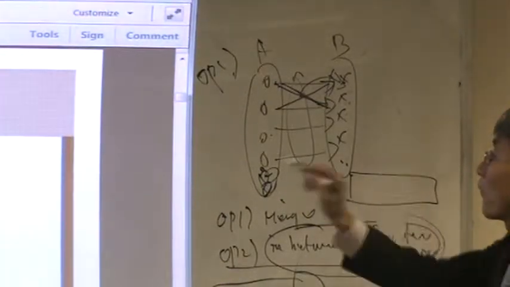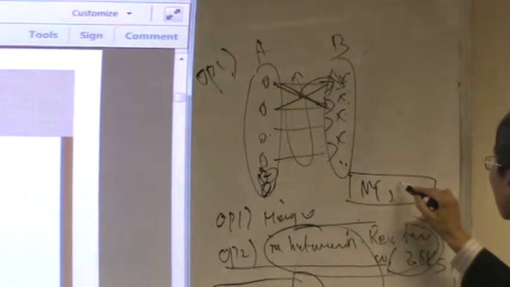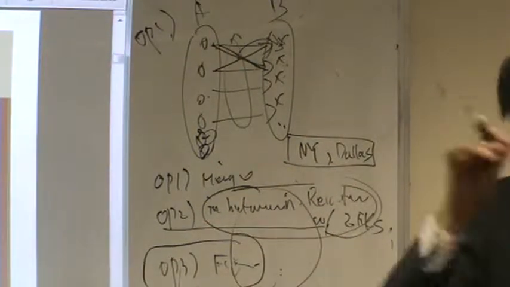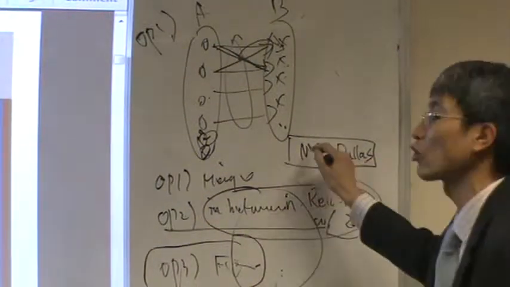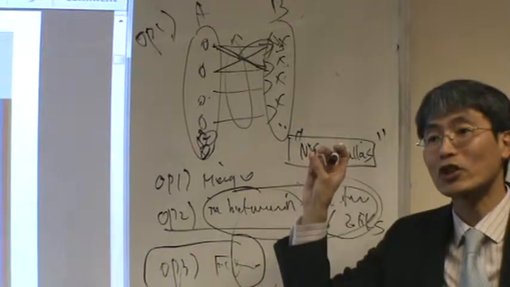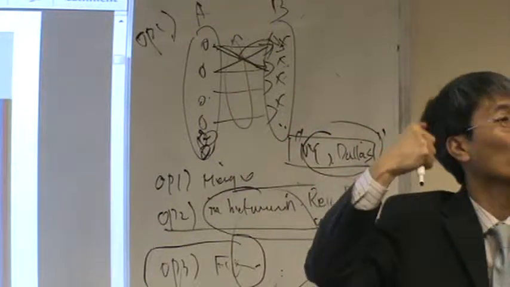Somebody may be curious. For example, for the location, what about this one? New York, Dallas. If you type New York, Dallas, that doesn't mean these are two values. It's in one quotation. It's just considered as one single value.